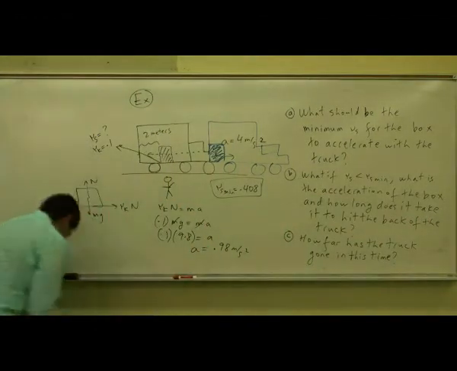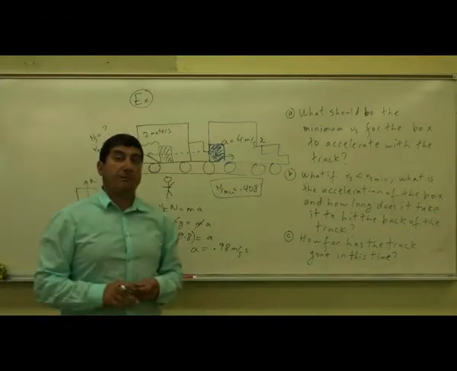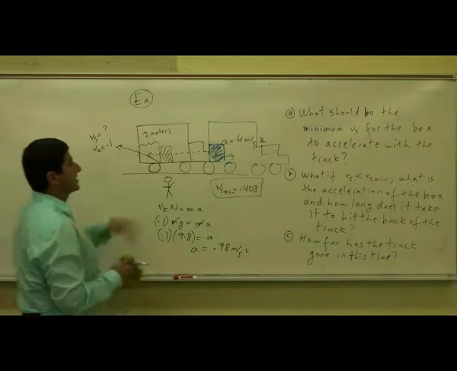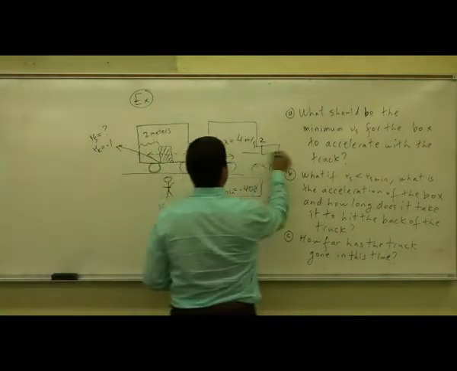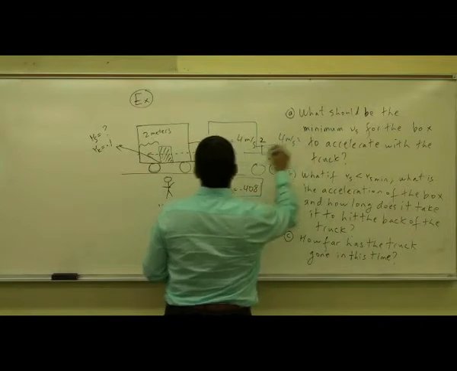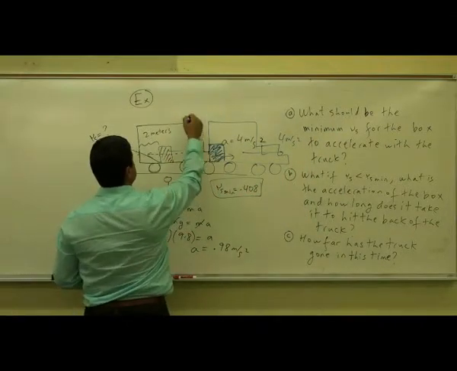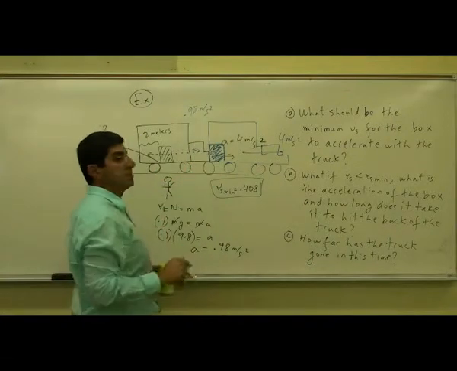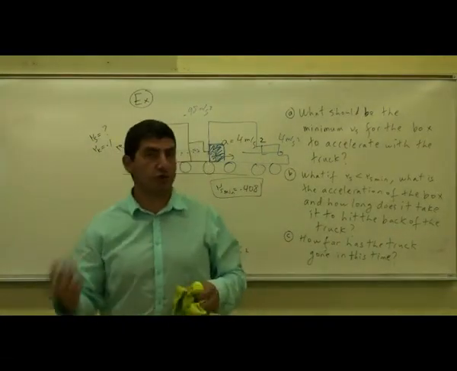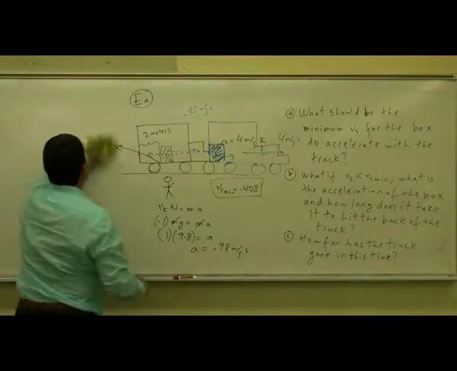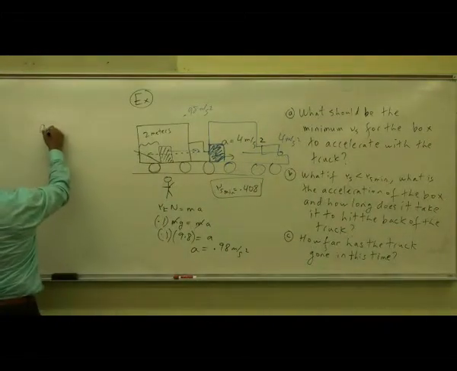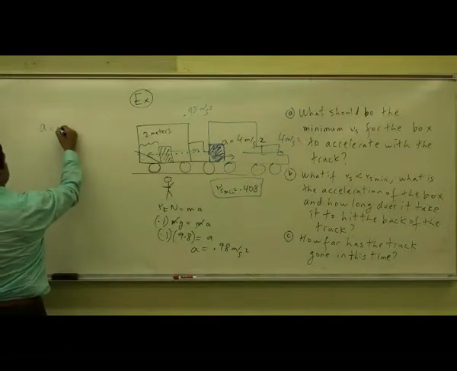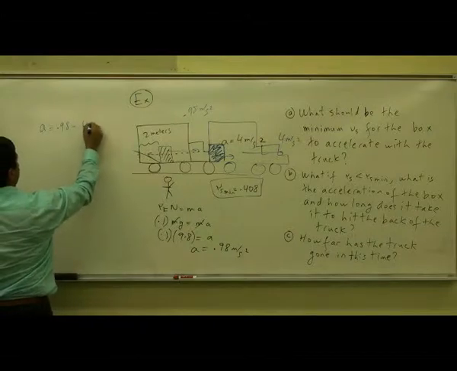So let's analyze it from the truck's perspective. If the truck is accelerating forward at 4, and the box is accelerating forward at 0.98 meters per second squared, what's the acceleration of the box with respect to the truck? So the acceleration of the box with respect to the truck is going to equal 0.98 minus 4.